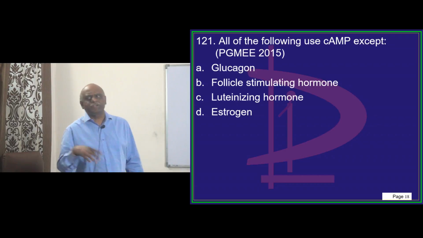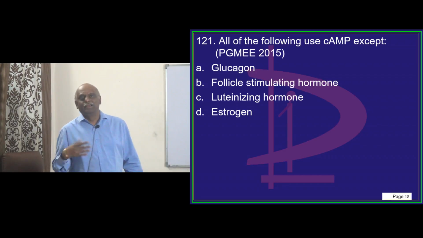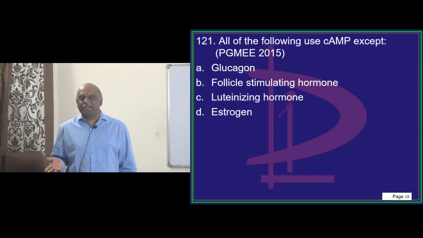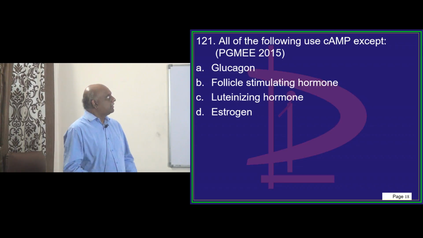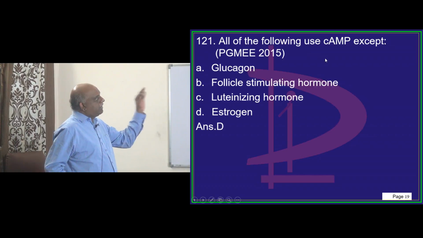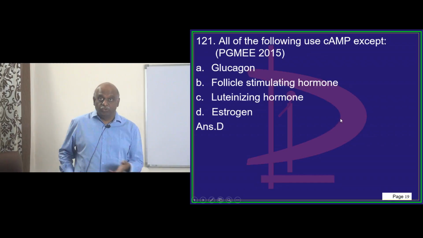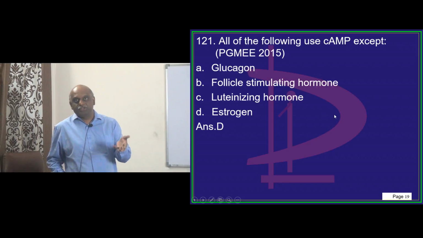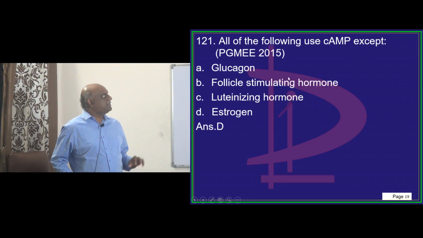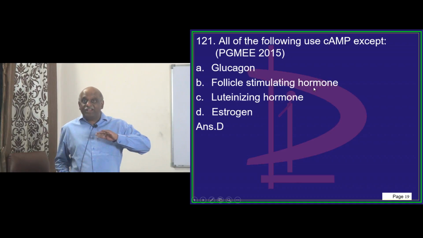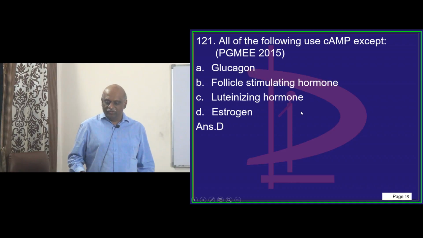Cyclic GMP कहाँ, cyclic AMP कहाँ, IP3 कहाँ, intracellular receptors कहाँ होता है, यही question routine पूछता है, right? So now you should answer. Estrogen uses nuclear receptor. It is not the cyclic AMP. LH, FSH, glucagon, they're all cyclic AMP is what you need to remember.